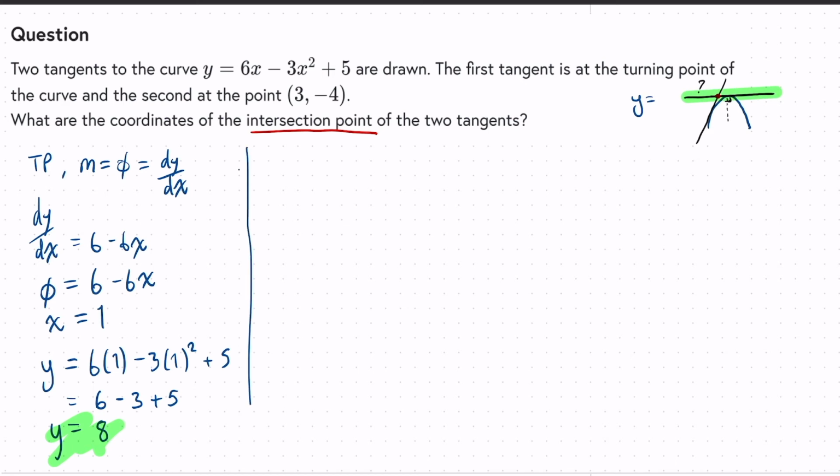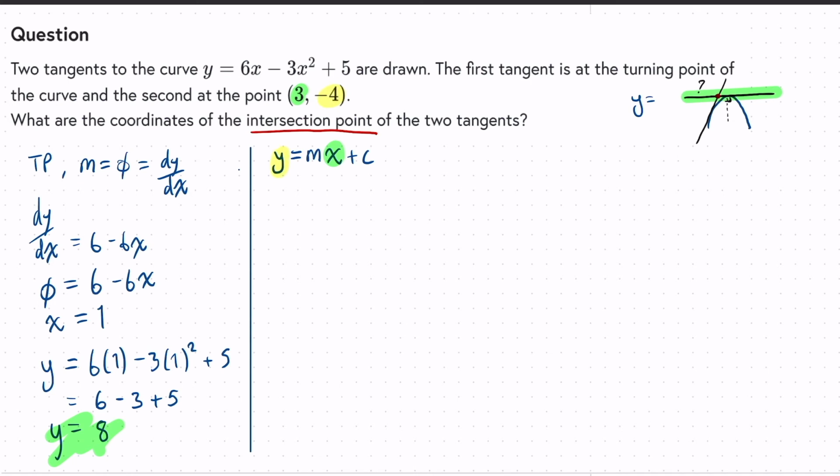My next tangent is the tangent that meets at the point (3, -4). The first thing to keep in mind is that this one is going to have the form y equals mx plus c. I've got an x and a y, but what I don't have are m and c.